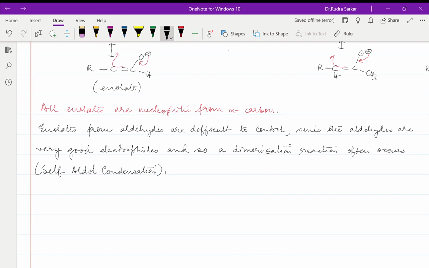However, the enolate obtained from the ketone, because the other ketone molecule is not so reactive as an electrophile, such a self-condensation does not take place for a ketone so easily.